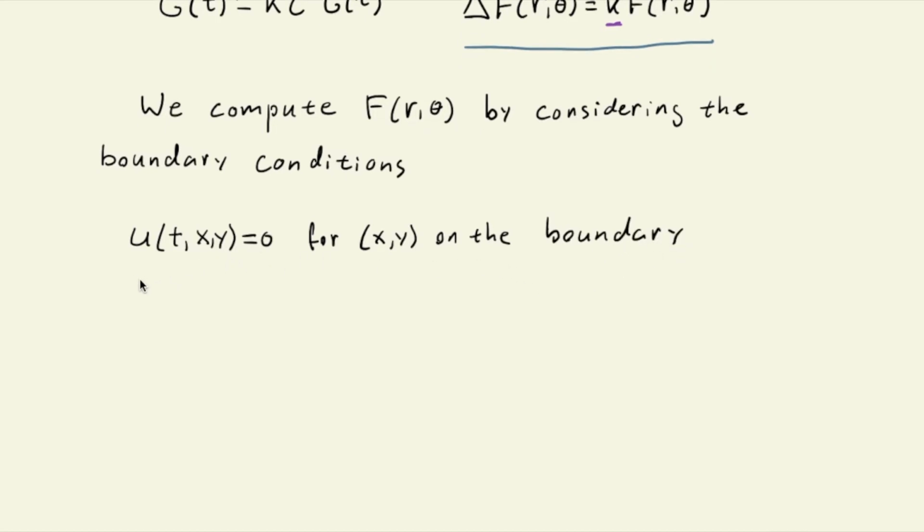In polar coordinates, this means that u(t, R, theta), where this capital R here is the radius of the disk, has to be equal to 0 for all t and theta. Because being on the boundary is the same as your radius being equal to the radius of the whole disk.